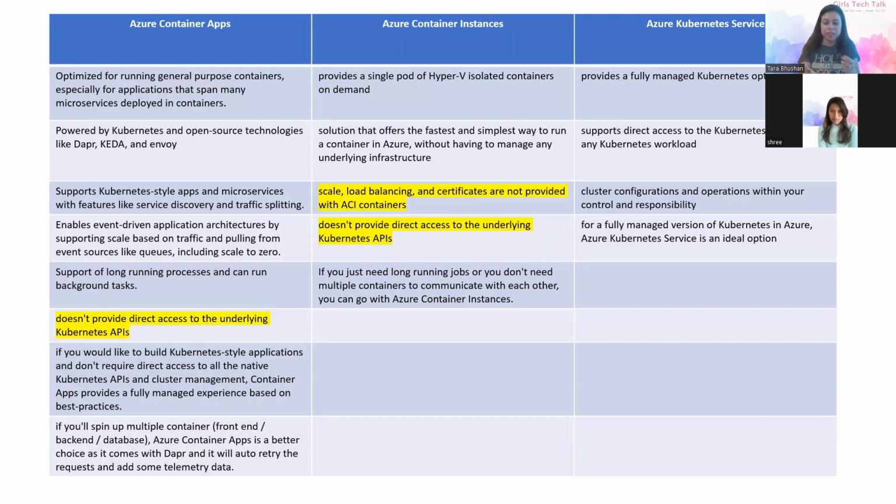So in situations where you want some of the Kubernetes features to be available, but you don't want to take care of the orchestration control, or you just don't need it, container apps is a good option to pick. When your application consists of several services, be it front end, back end, or database, and these all communicate with each other, then you should deploy all of these to container apps, because it uses Envoy, Dapr and KEDA.